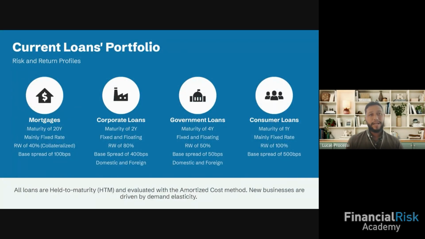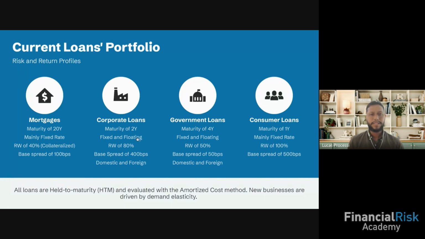So this is a breakdown of the loans portfolio, the banking book. So we have basically mortgages, corporate loans, government loans, and consumer loans. So mortgages, they are longer term, but they are highly collateralized. So they have a lower risk weight in terms of capital consumption.